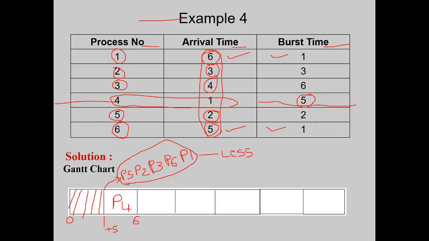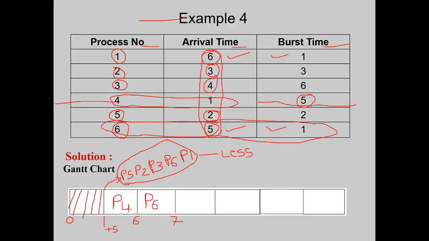So next allocation we are going to make, that is process P6. So P6 will be allocated here because it has less burst time and it has also arrived earlier than process P1, and it's going to execute for 1 unit from 6 to 7.